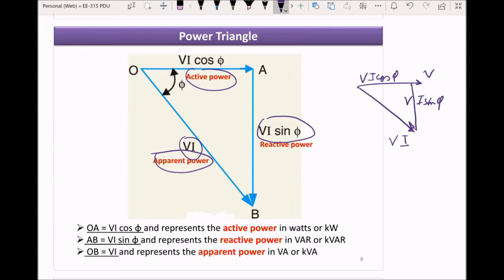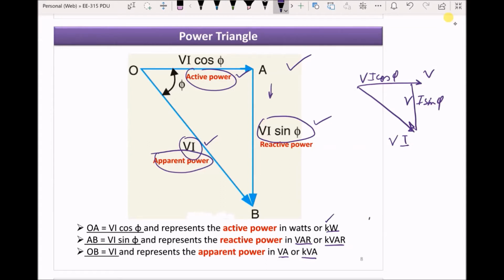So it will give us the reactive power, active power, and apparent power, and overall it will become a power triangle. In the main diagram, you can see that OA will be the active power, represented in watts, and AB will be the reactive power, represented in var, and this component VI will be volt-ampere. The more formal representation of power is in terms of kilo, K being just the factor kilo.